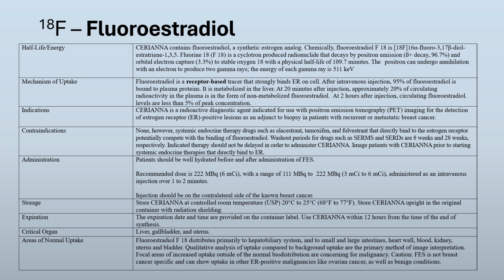Critical organ is liver, gallbladder, and the uterus. F18 fluorestradiol distributes primarily through the hepatobiliary system. It will go to small and large intestines, the heart wall, the blood, kidneys, uterus, and bladder. And it is very important to look at the SUV and other quantitative analysis when doing fluorestradiol.